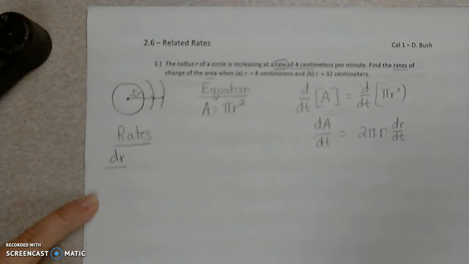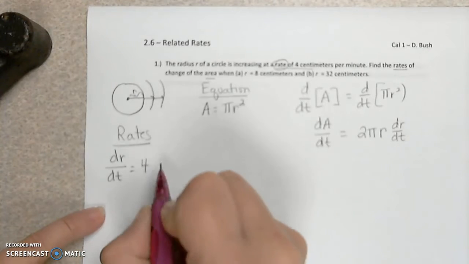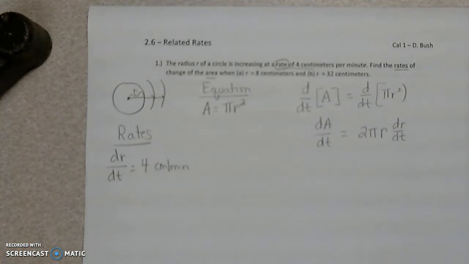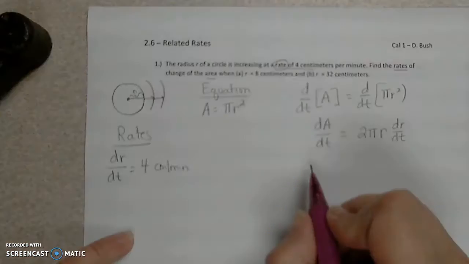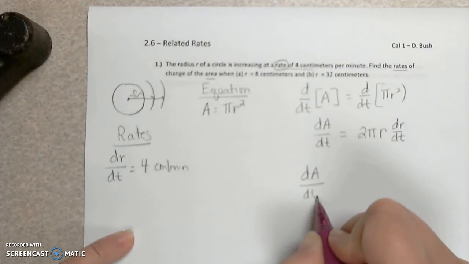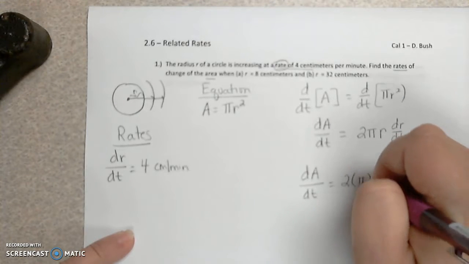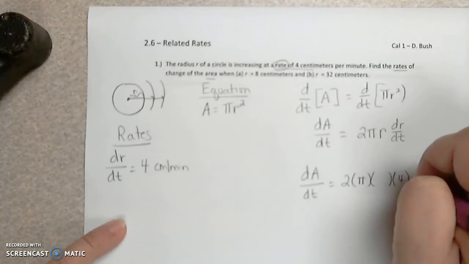The rate that my radius is increasing is 4 centimeters per minute. So I know dr/dt. So I could say the derivative of A with respect to t would be 2 times pi times r times 4.